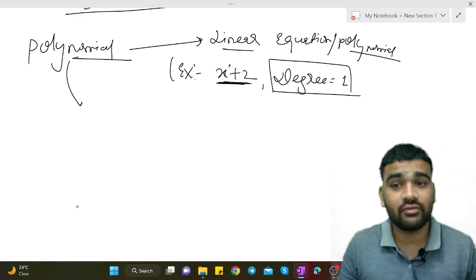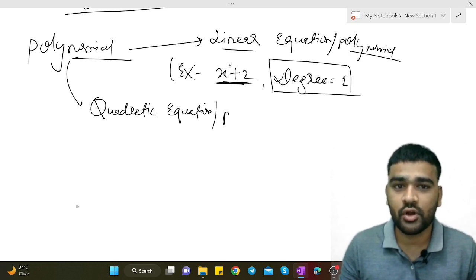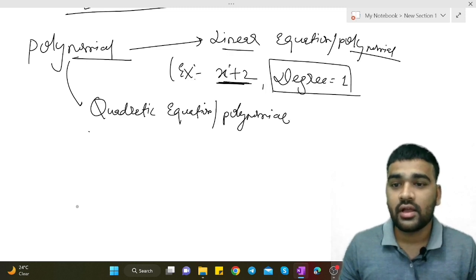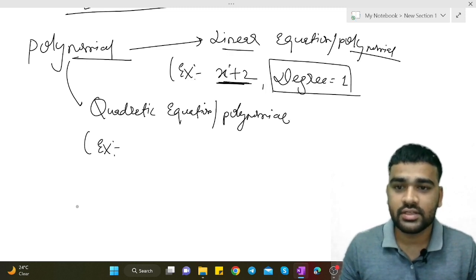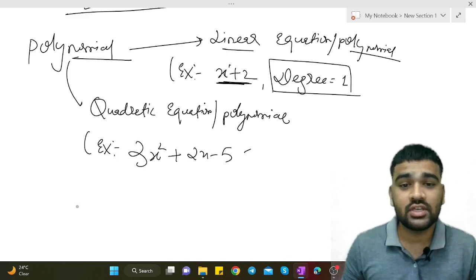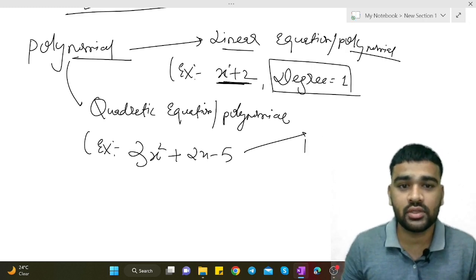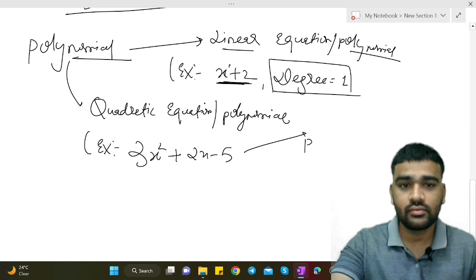Let me talk about the second one, the quadratic equation, or polynomial. Let me have an example. Let's say I write 3x squared plus 2x minus 5. This is your polynomial expression.